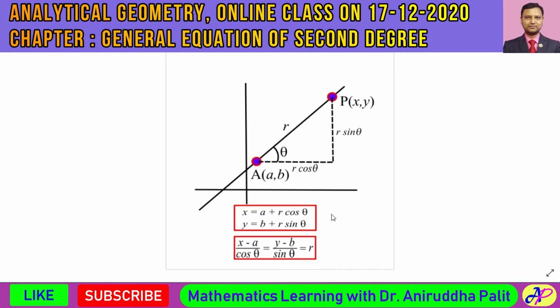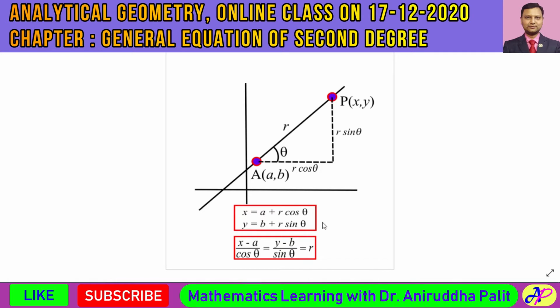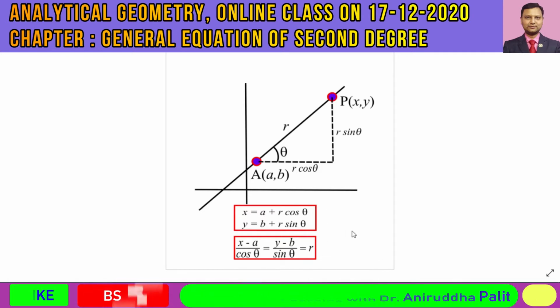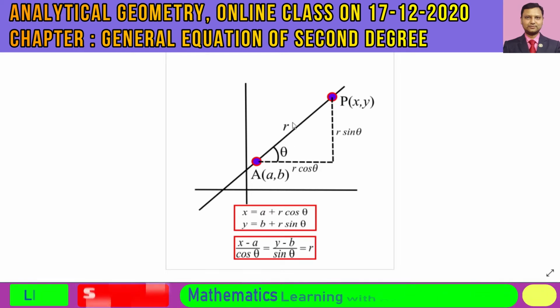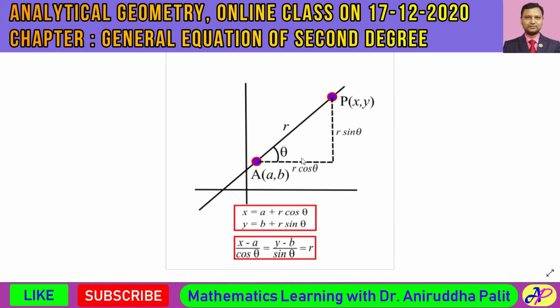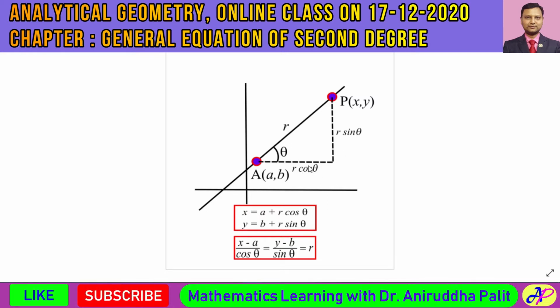What I am trying to say is that any point on the straight line can have these two kinds of representation. Got it? And this distance r would be very important in this kind of representation. Cos theta and sin theta are actually called the direction cosines.